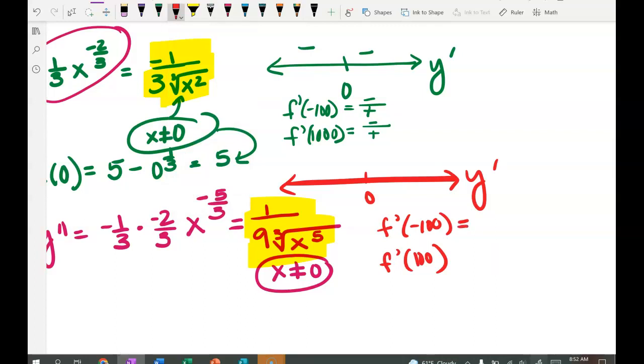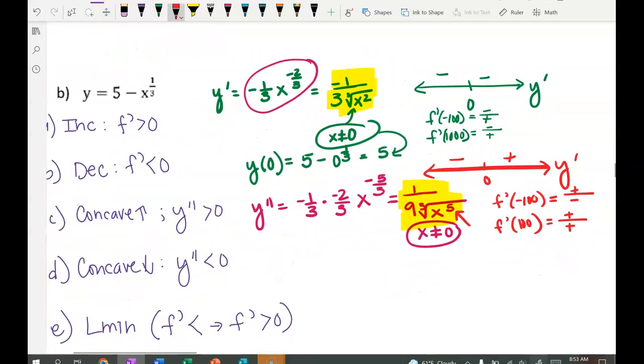On the bottom, because it is an odd power and a cube root, if we plug in negative 100 or negative 1000, the denominator will be negative, so this will come out to be negative. Now when we plug in a large value such as 100 or 1000, the top is always positive 1. On the bottom, a positive number to the 5th power and then taking the cube root is always positive. So on the right side, it's always positive. That will help us figure out all of the answers here, guys.